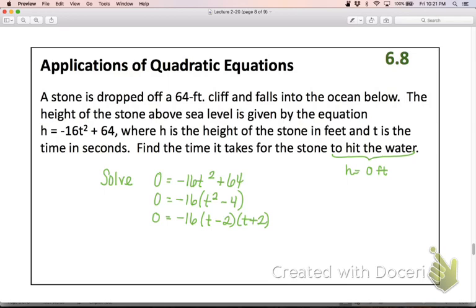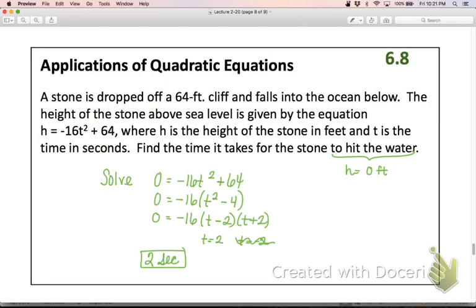Well, negative 16, that never equals 0. T minus 2 would equal 0 at positive 2, and t plus 2 would equal 0 at negative 2. Again, no negative time, so the answer would be 2 seconds. Okay, that's a really common application, and they usually will give you the equation in those types of problems, at least for now. And so that's something that you want to look at.